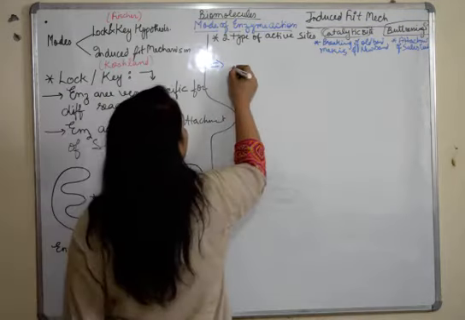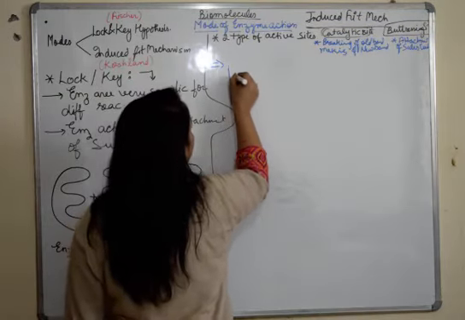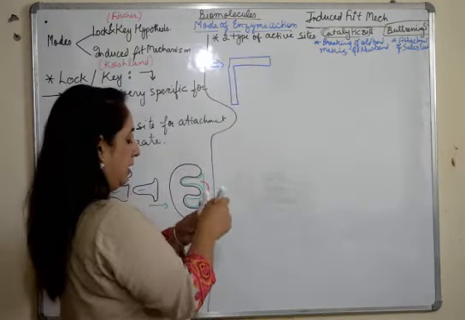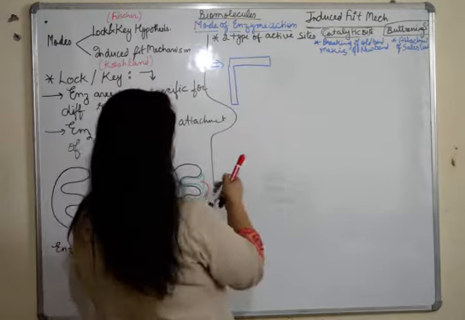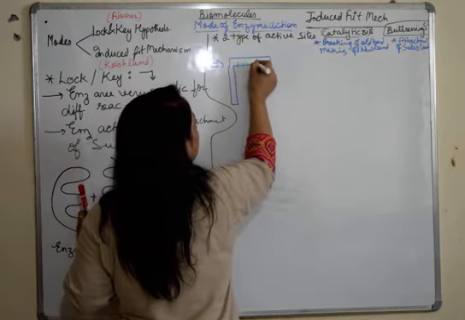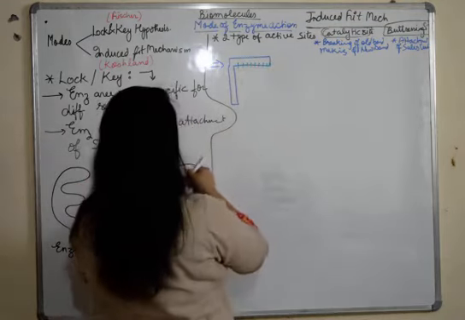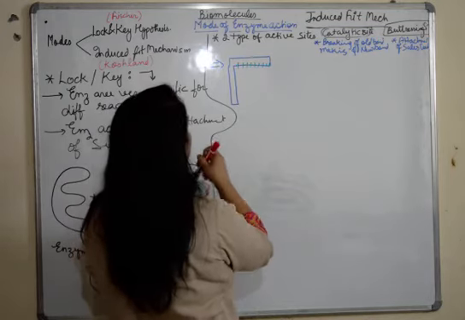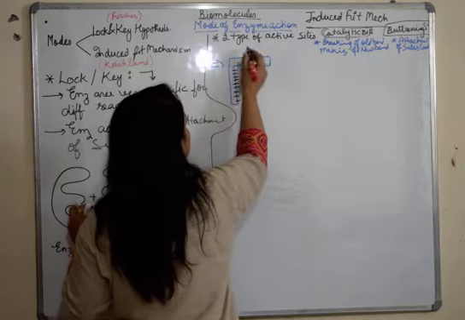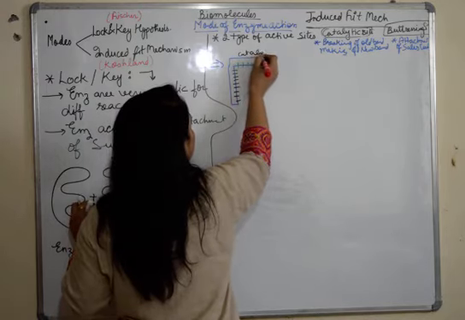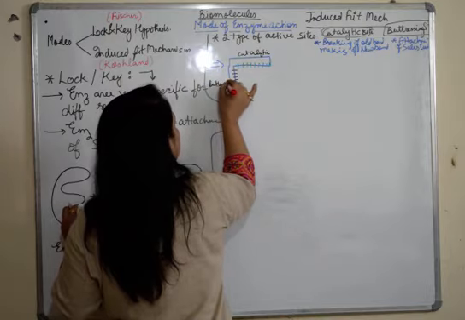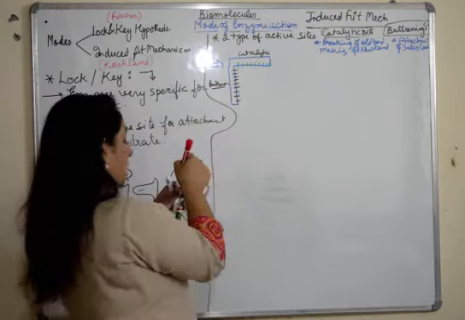Suppose here we have this as an enzyme, and on this enzyme, this site is a catalytic site, and maybe this site is a buttressing site. I'll write here, this is a catalytic and this is buttressing site. Fine.